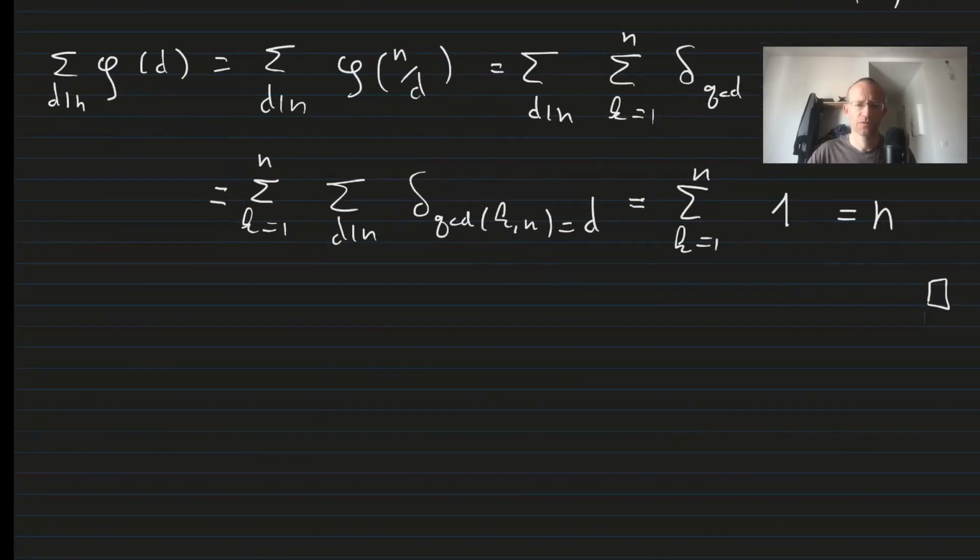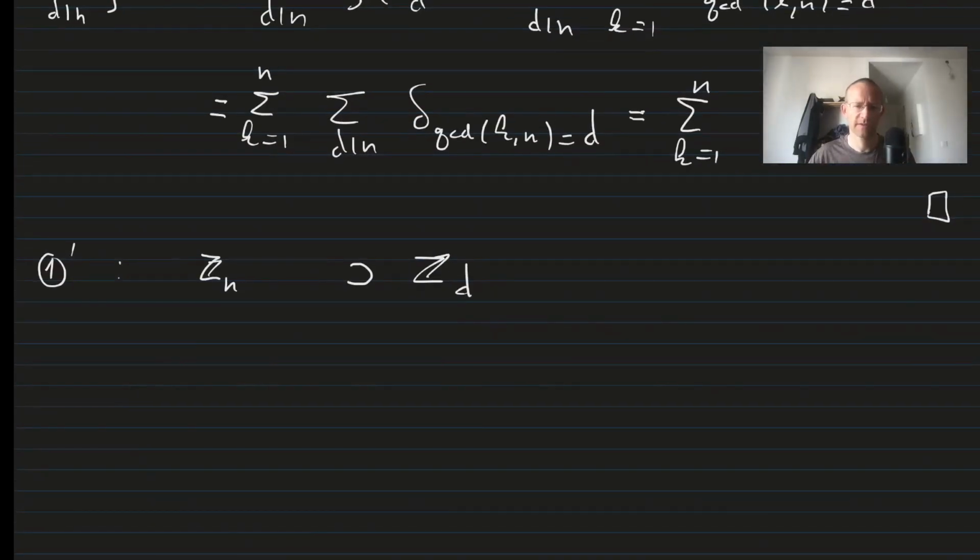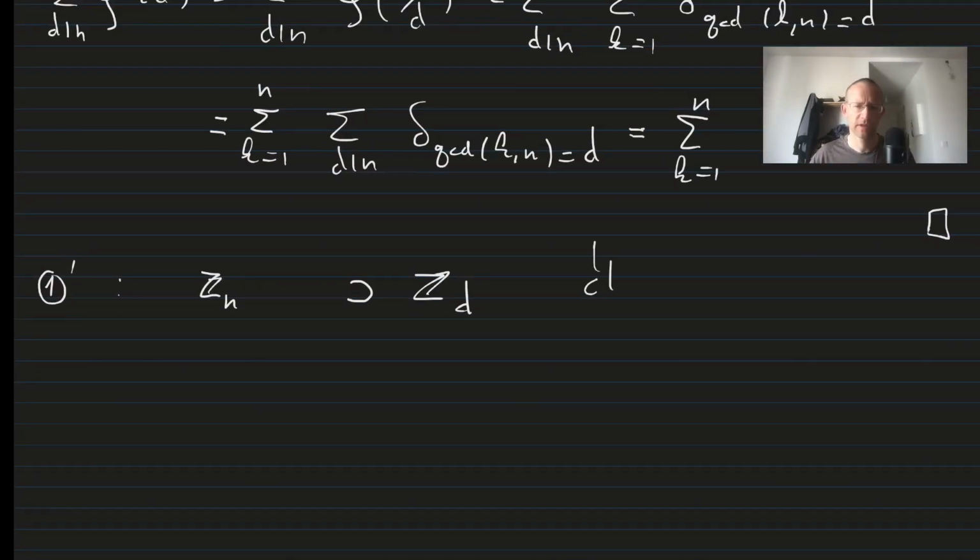The first proof can be presented in many ways. So 1 prime goes as follows. We can consider every element of the cyclic group Zn. It will generate a subgroup of Zn, which is given by Zd, where d is a divisor of n.